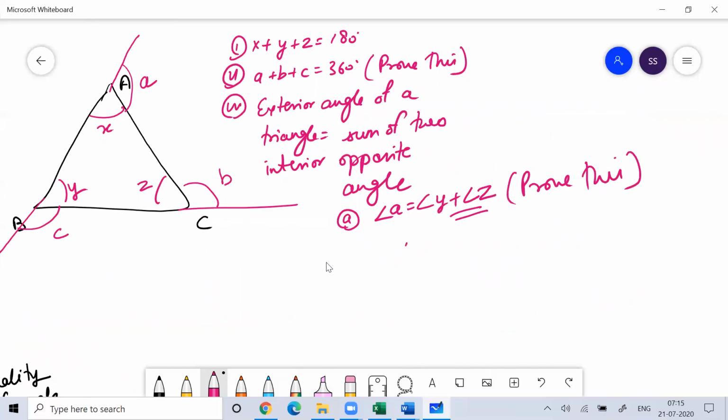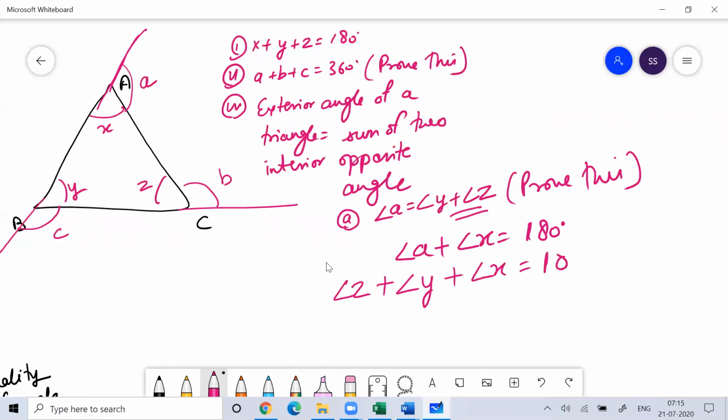So you have to understand that angle A plus angle X will be equal to 180 degrees, because it is a straight line. And you know that angle Y plus angle Z plus angle X is equal to 180 degrees.